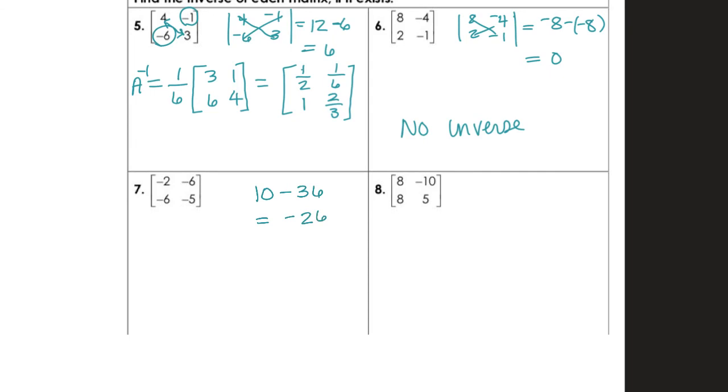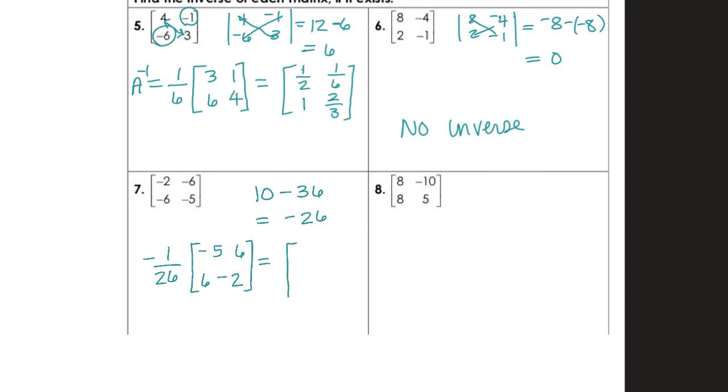So that is non-zero, so it does have an inverse. So we're going to have negative 1 over 26, right? It's just going to be a negative fraction there. Times, again, change places with the first and fourth. Change the signs of the other two. And now multiply.